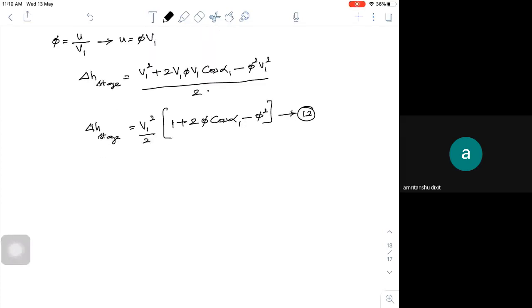Now let us define the blade efficiency, or vane efficiency. A few books call this vane efficiency.